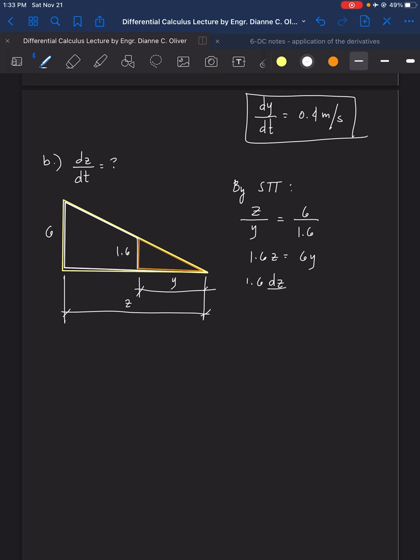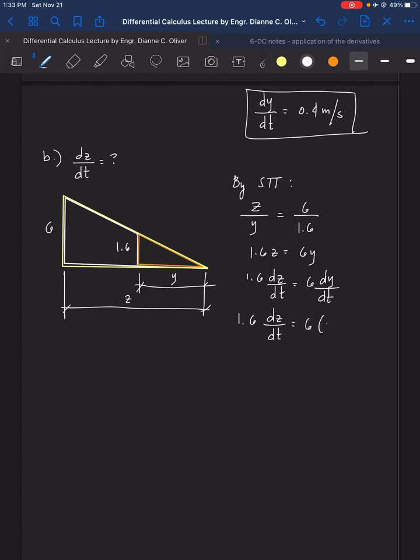1.6 dz over dt equals 6 dy over dt. Then 1.6 dz over dt is equal to 6 times, what's our dy over dt a while ago? It is 0.4.